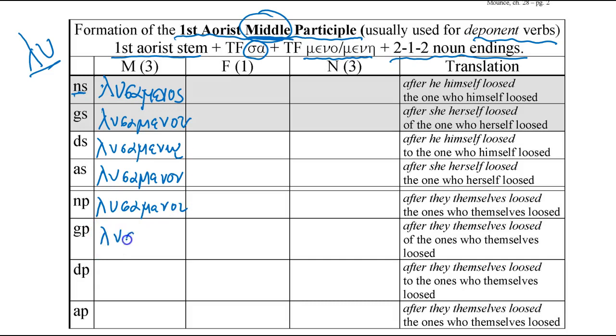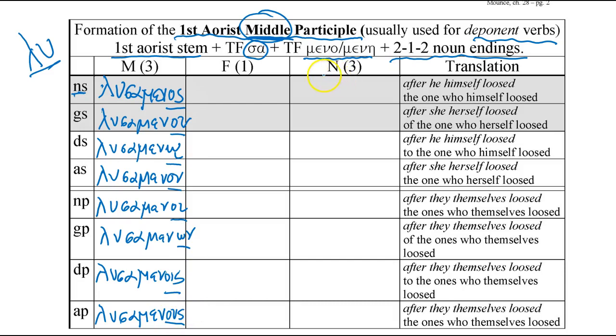The genitive plural would be lusamenon. The dative plural would be lusamenois, and the accusative plural lusamenus. So we have again this os, u, o, on, oi, on, ois, us. These are second declension noun endings.